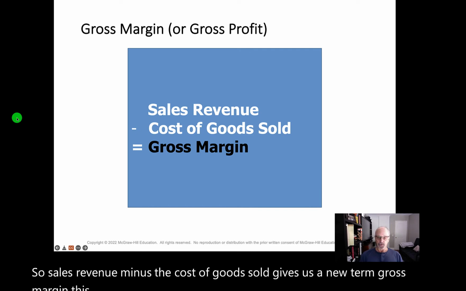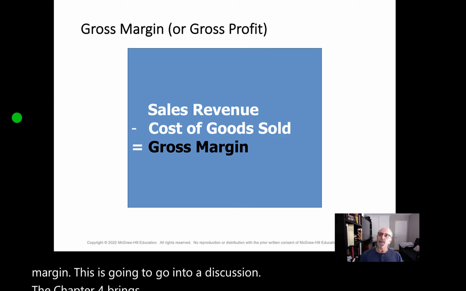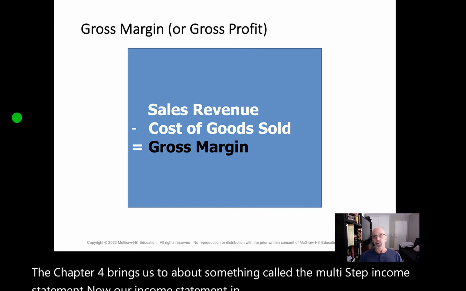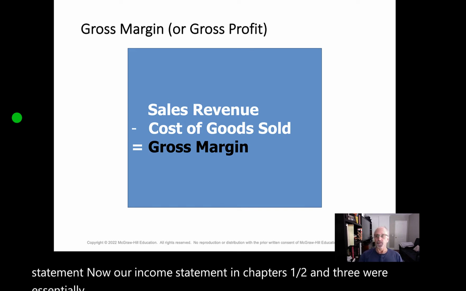This is going to go into a discussion that Chapter 4 brings us to about something called the multi-step income statement. Now, our income statements in Chapters 1, 2, and 3 were essentially revenue minus expenses, net income. Pretty simple.